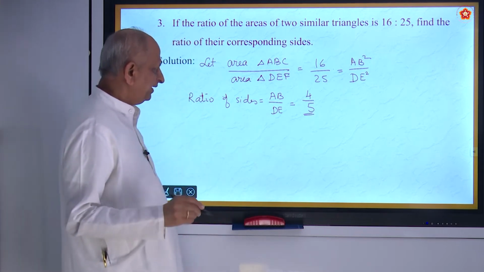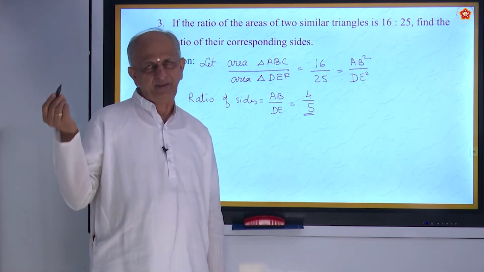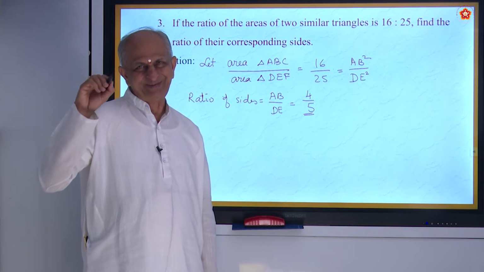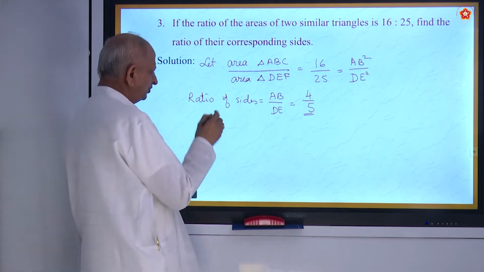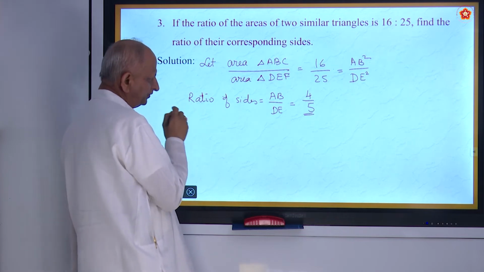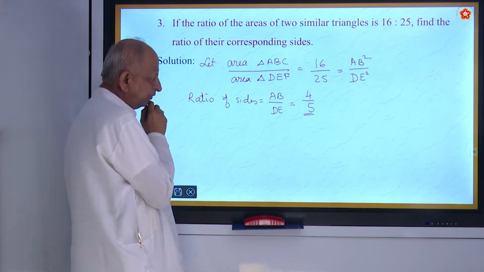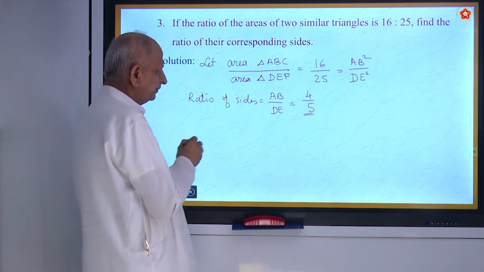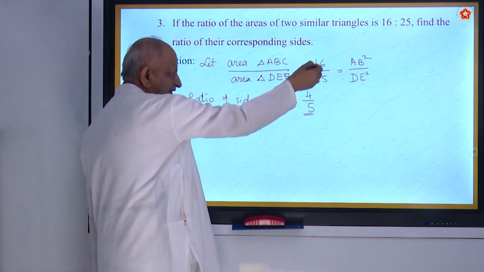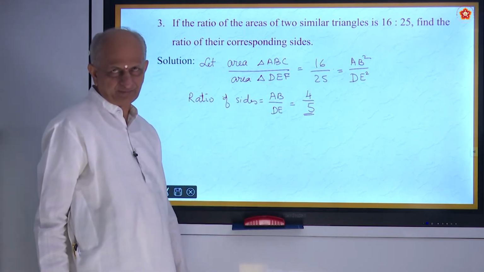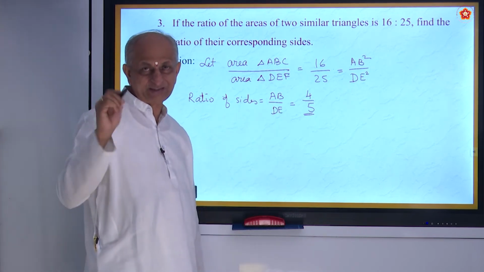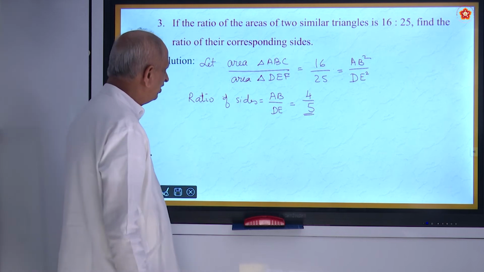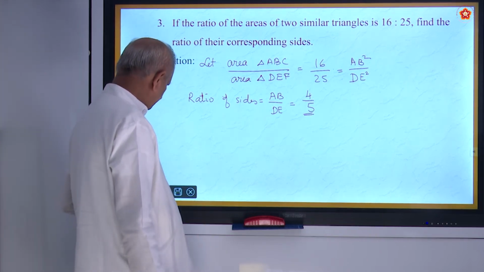It may be AB by DE, or it may be BC by EF, or AC by DF. So ratio of sides is equal to 4 by 5, because it is a root of that. Root of 16 is 4, root of 25 is 5. So it need not be AB by DE only, any sides you can take. Corresponding side you must take. That's all the homework. Okay.